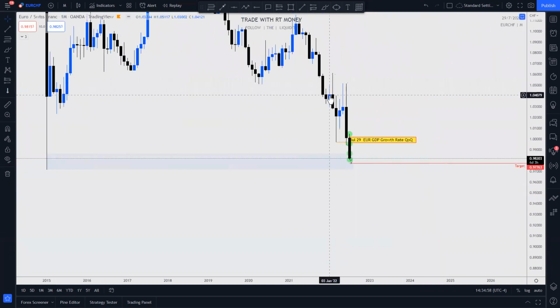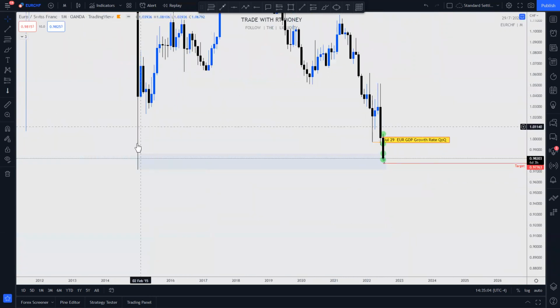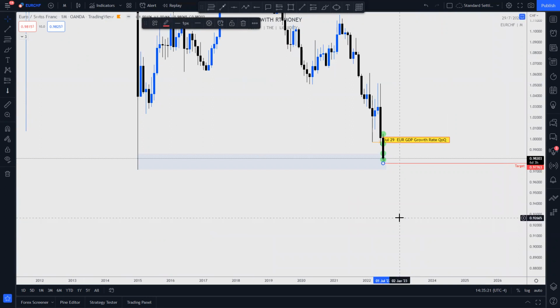Couple of bullish closes here and dojis, but the overall momentum is to the downside, as you can see, and we're coming down to a long time 2015 low. This is a 2015 low, and we are in the extreme of the demand zone, and we are barreling down. And I believe we have a target set here. You can see the red numbers there, 0.9776, and I think we're going to hit that target next week.